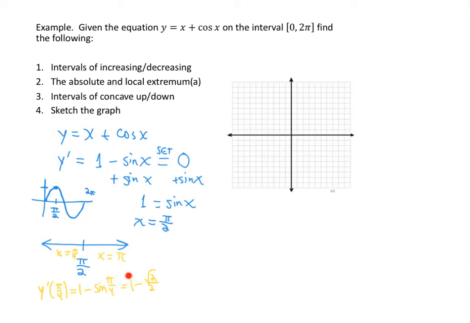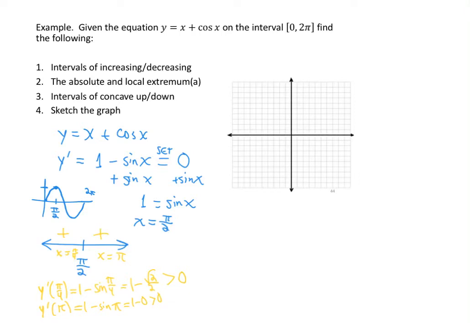So if I have 1 minus a number that's less than 1, then I know I'm going to end up with a positive number. I don't care what the number is right now, I'm just trying to check positive or negative. Similarly, for y prime of pi, I'm going to have 1 minus sine of pi. That's 1 minus 0, which is 1, which is positive.